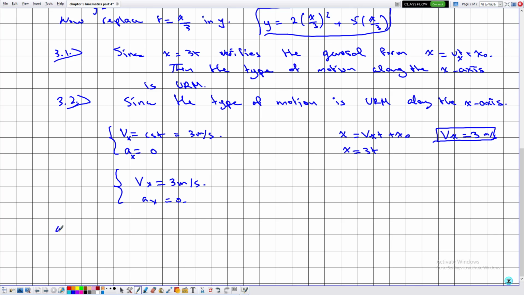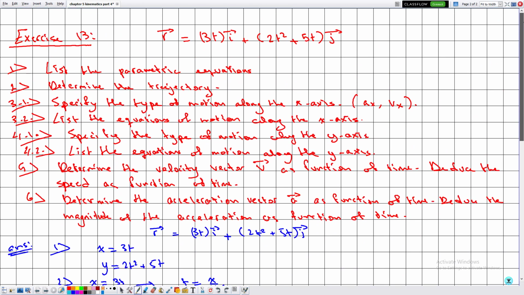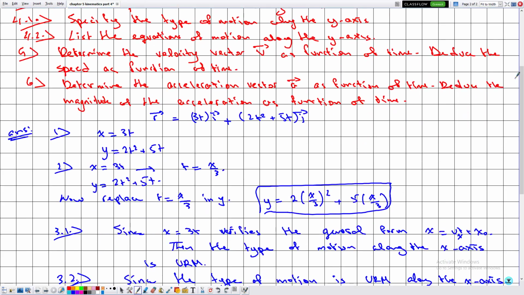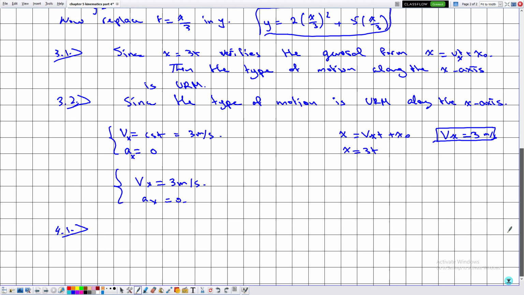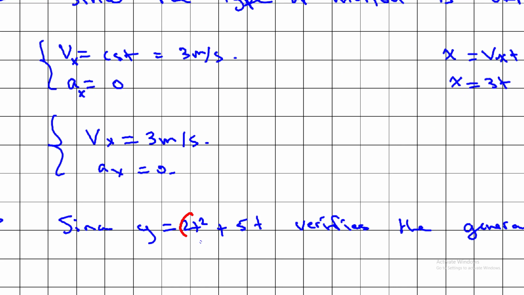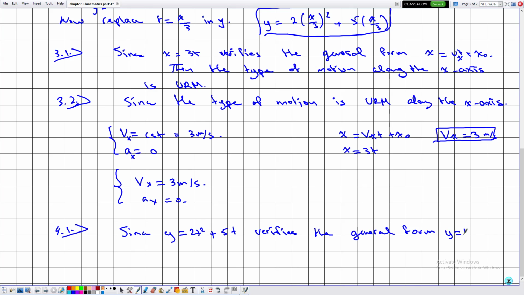Now in 4.1 we need to do the same but for the y component. They are telling me to specify the type of motion along the y-axis, and this can be done by referring to the parametric equation along the y component, which is 2t squared plus 5t. So since y equal to 2t squared plus 5t verifies the general form, this is quadratic in time, so we have y equal to half a t squared plus v0t.